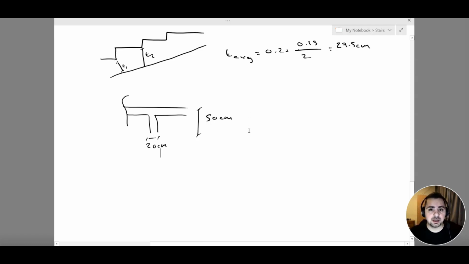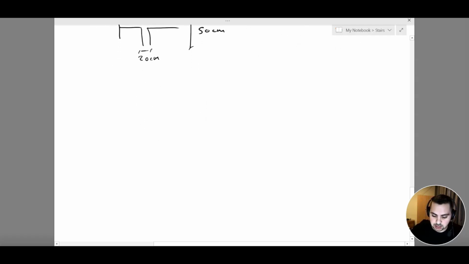We have one last thing to cover before we go into SAP and start working with our staircase model, which is my loads. So the loads that I will be working with: one, my live load, which we are going to take as 5 kPa, and two, my dead load, which is the weight of my tiles plus weight of riser over 2.